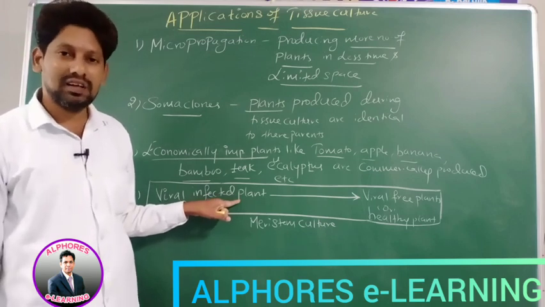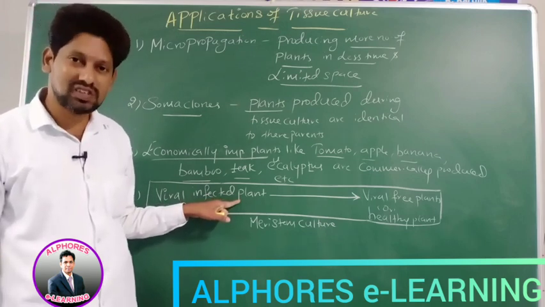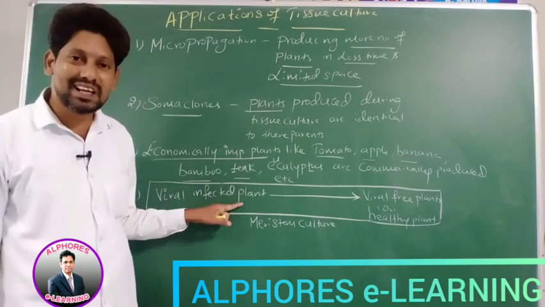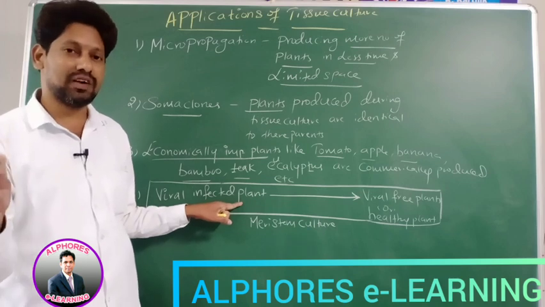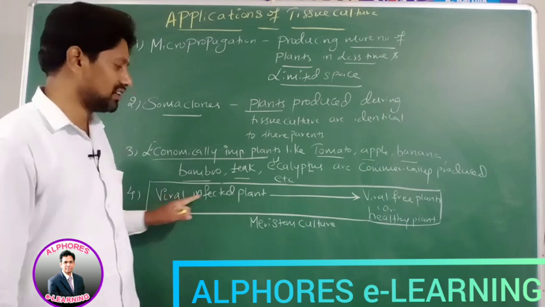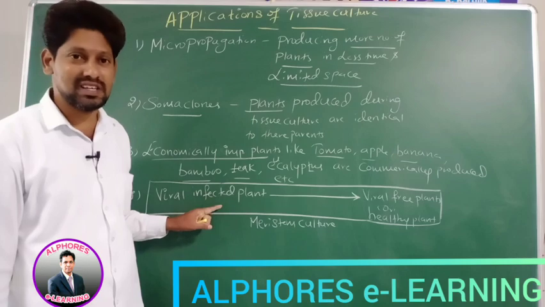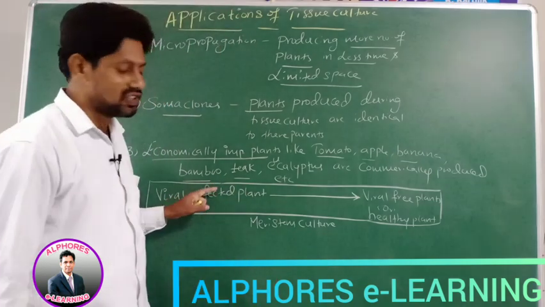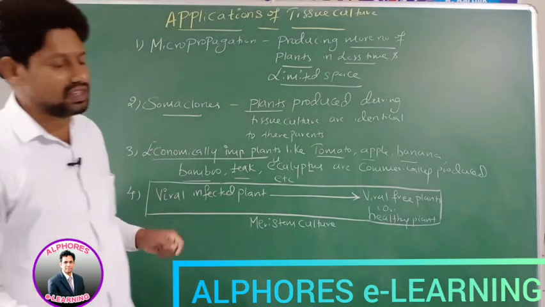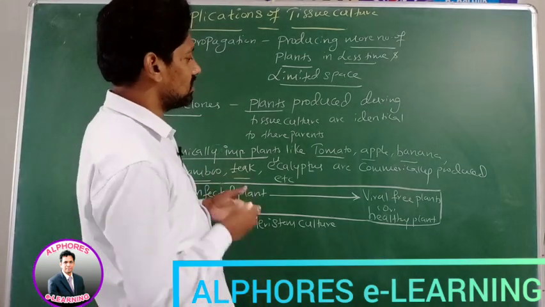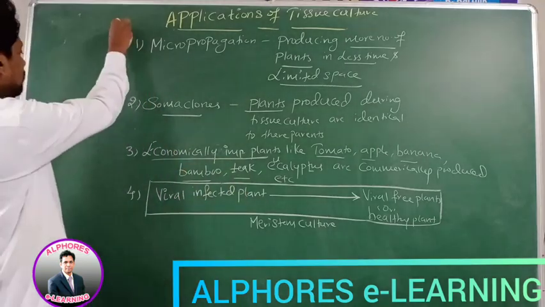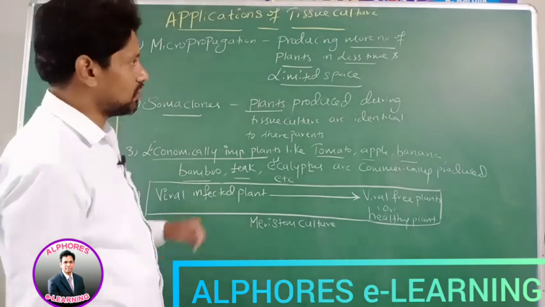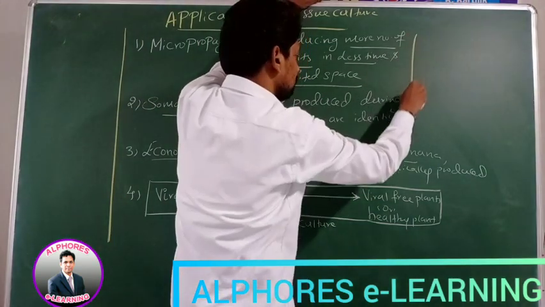Due to continuous division of meristematic cells, the axillary bud and apical bud are free from virus even though the plant is infected with what? Virus. Is this statement okay? Right. Now we are discussing which culture? Meristem culture. Now listen to these statements. Sir, in meristem culture, what do we use as an explant?